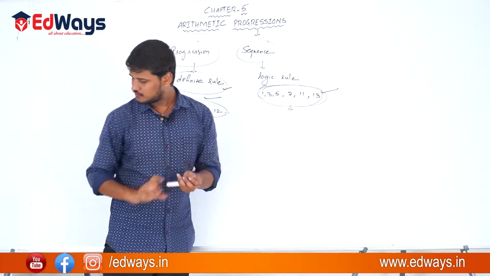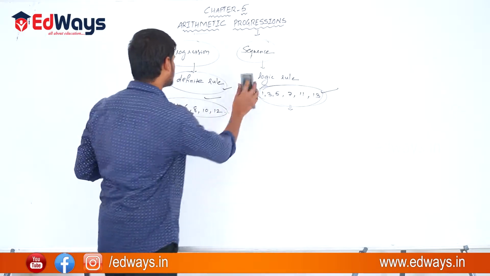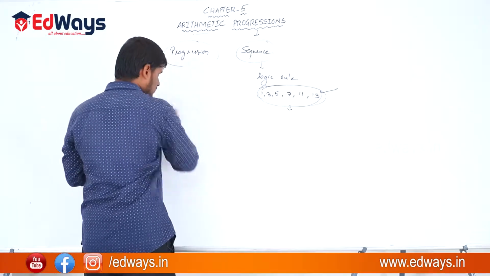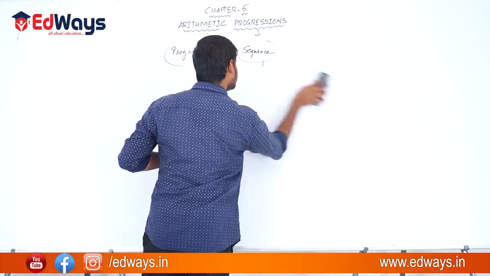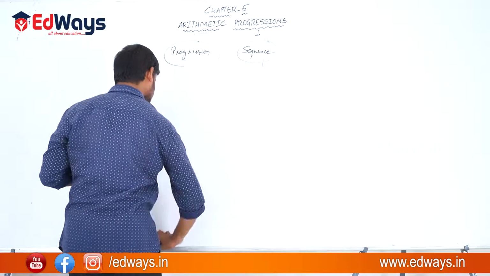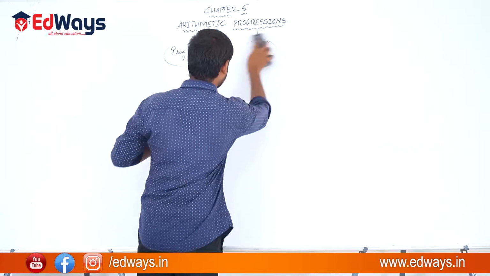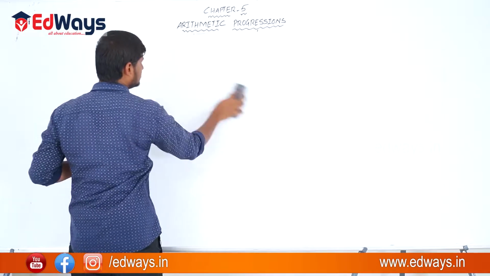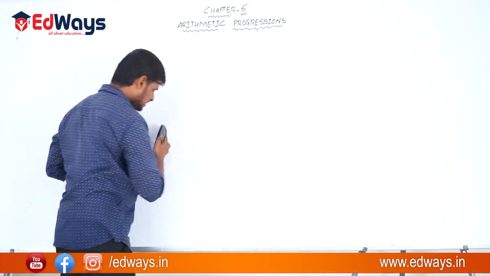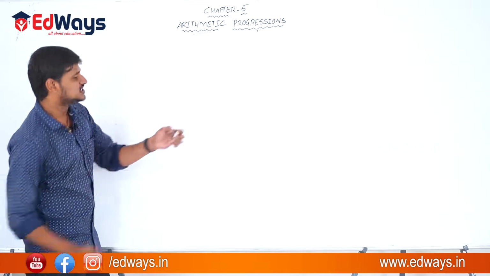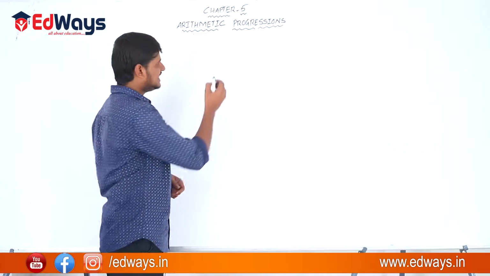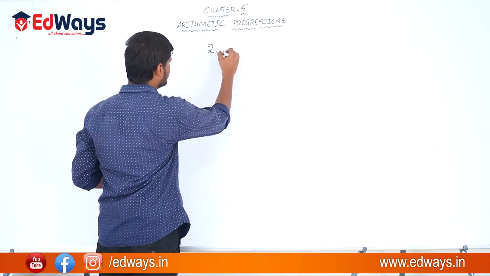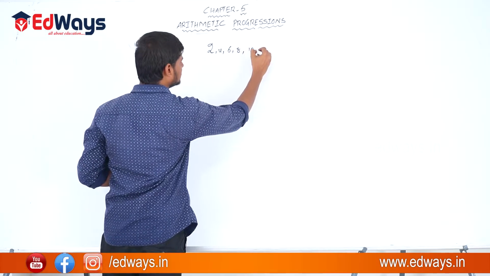Now we came to know what a progression is and what a sequence is. Now what is an arithmetic progression? A progression should have a definite rule, a definite formula. For that, let me consider one progression. Take the set of numbers 2, 4, 6, 8, 10, 12.